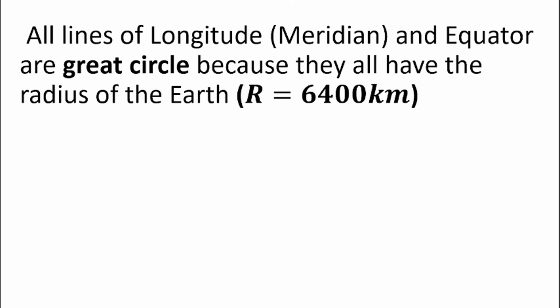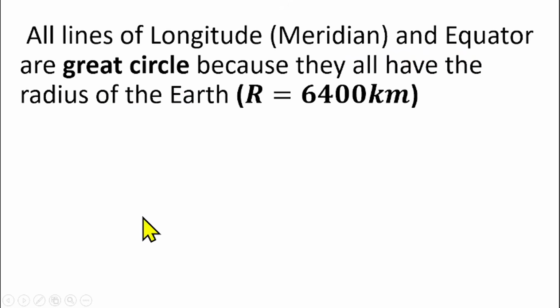Although I've already mentioned some great circles in the previous slide, now we want to know what great circles are. All lines of longitude, which are also called meridians, and the equator are great circles. So what am I saying in essence?